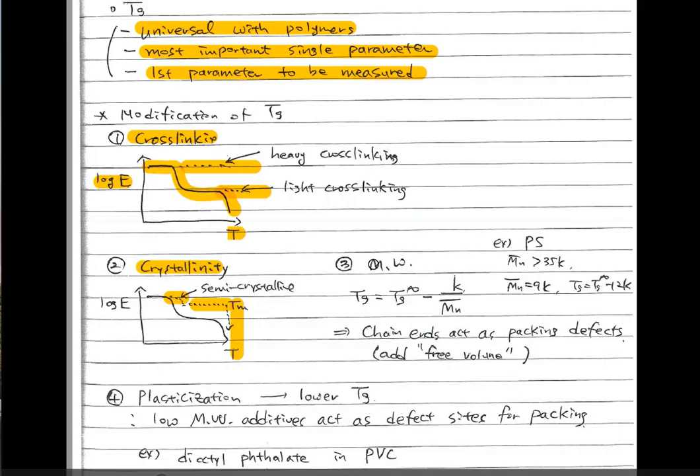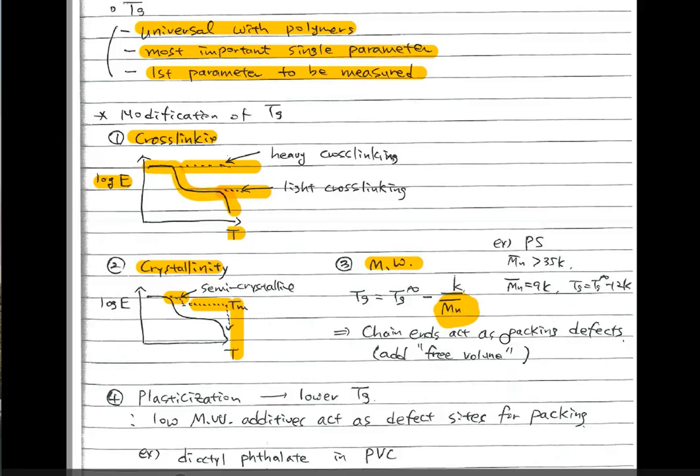The third cause is molecular weight. You might recall from the molecular weight measurement part that there were many different kinds of molecular weight for polymers. One of them was related to the viscoelastic behavior of polymers, which was number average molecular weight. So number average molecular weight affects the glass transition temperature of the polymers.